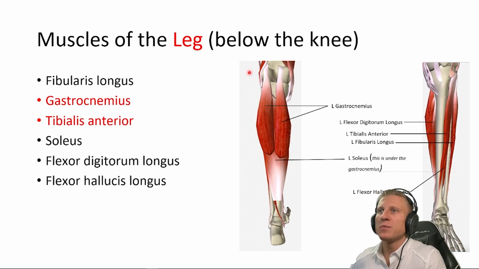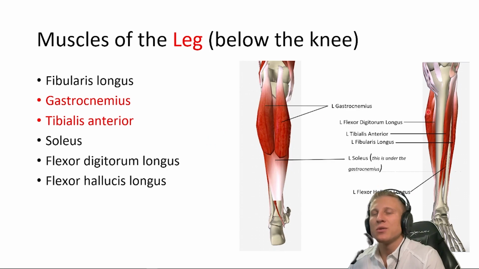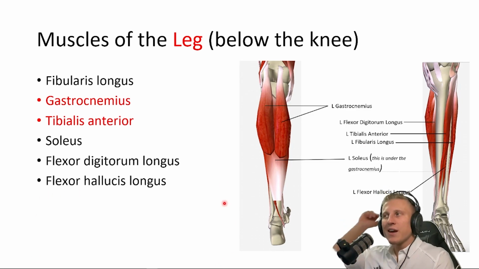All right, so we have the fibularis longus, and the name should be a very good hint as to where the location is. We have the fibula, which is going to be on the lateral edge. This is a left leg that we're looking at the anterior surface of in this particular picture. And so if it is on the fibular side, it's going to be the most lateral muscle over here. Okay, fibularis longus, this guy along the edge. Cool. We have the gastrocnemius. When you think of calf muscles, you're typically thinking of two muscles.